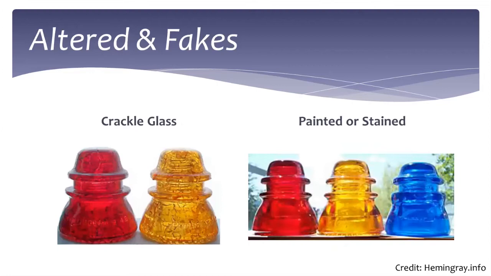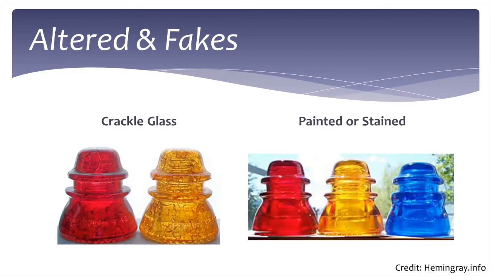There are altered and fakes out there. Crackle glass is meant to make it look like it's been used, crackled and broken. But as you see with some of the damage, the insulator doesn't crack or split in that type of manner.